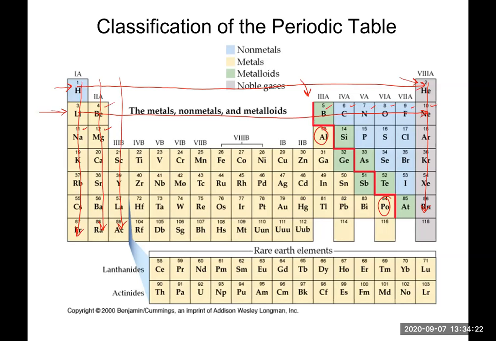Those species that are in the same row, for example, every species that's in row 2 has the same valence shells. And those species that are in the same group, column, or family, for example, group 2, or 2A, they all have the same number of valence electrons in them.